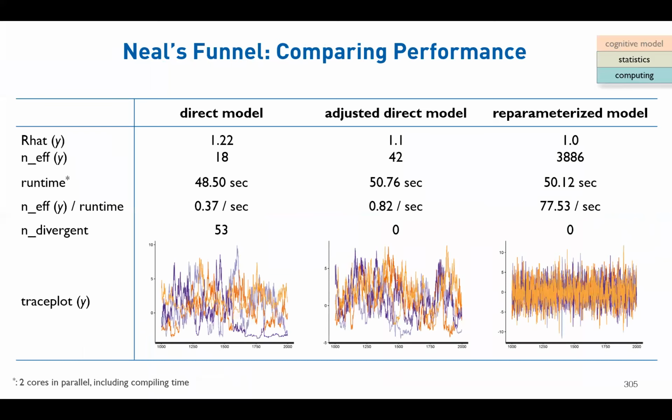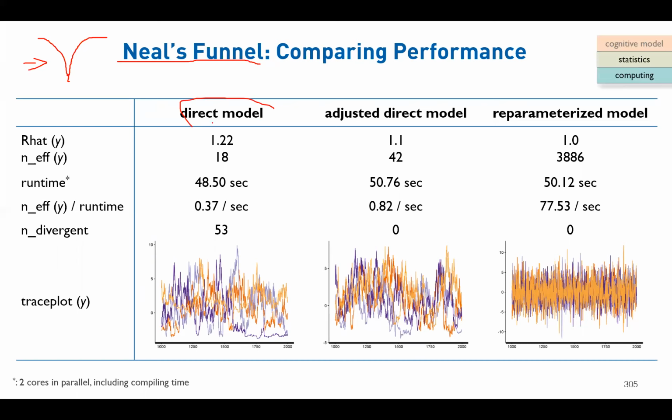I'll skip these slides and I will show you something a little bit interesting. So we have this weird Neal's funnel kind of example, and we are trying to find out the density of the distribution, and we have a direct coding, and we have a reparameterized version of the same coding.